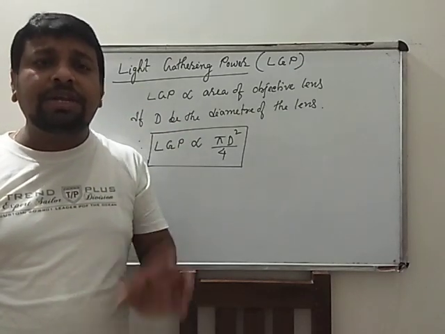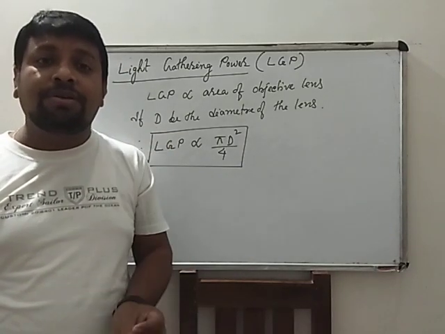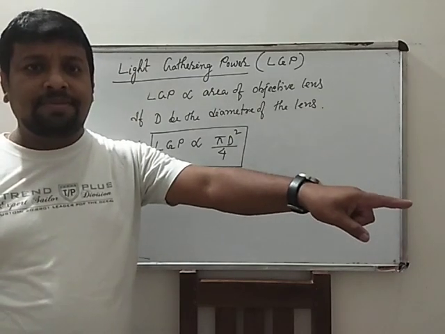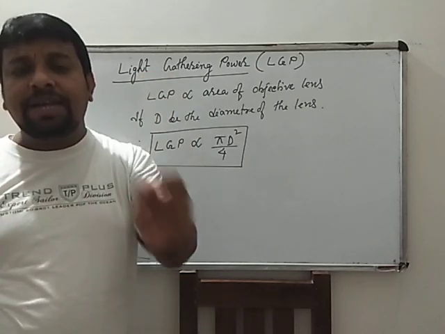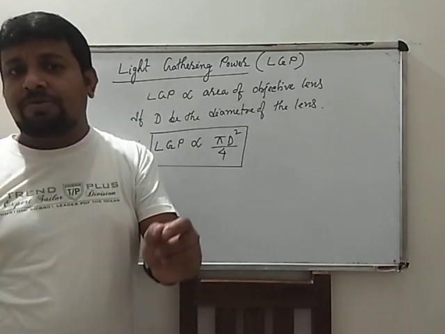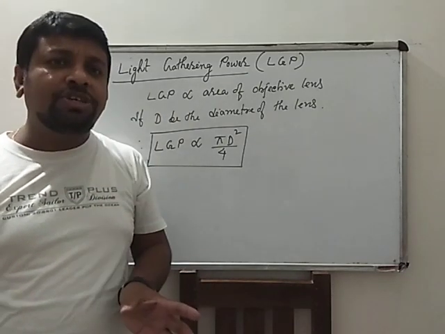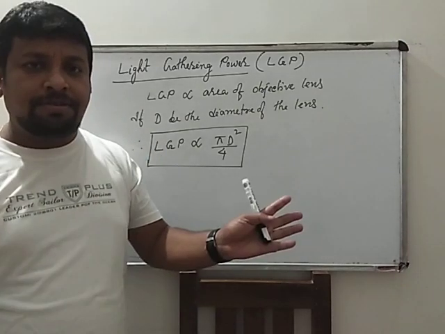That means spherical aberration can be avoided if we use a mirror as the objective in the telescope instead of a lens, then spherical aberration and chromatic aberrations will be removed.